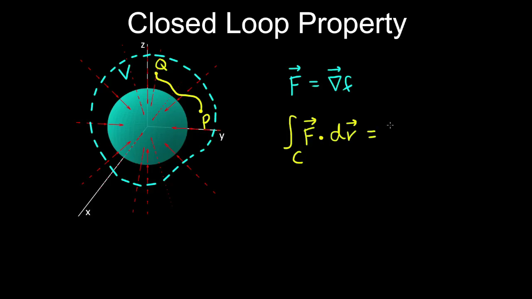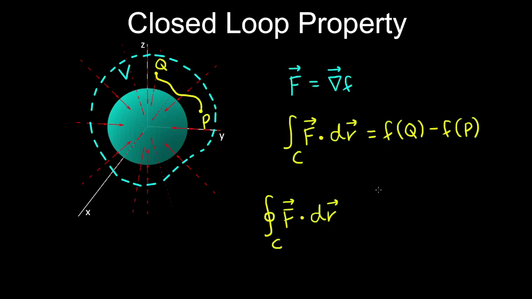It only depends on the values of the scalar function at the endpoints. So we had f of Q minus f of P. So therefore the line integral over any closed path in region V is equal to 0.